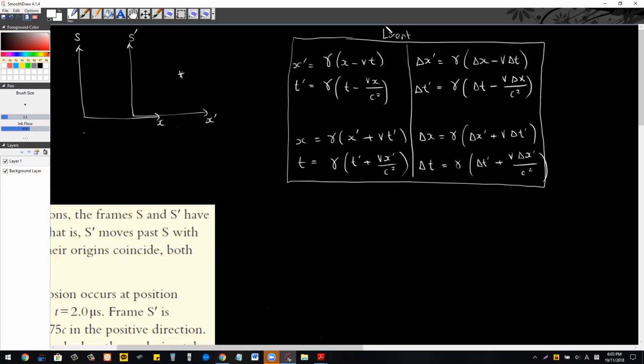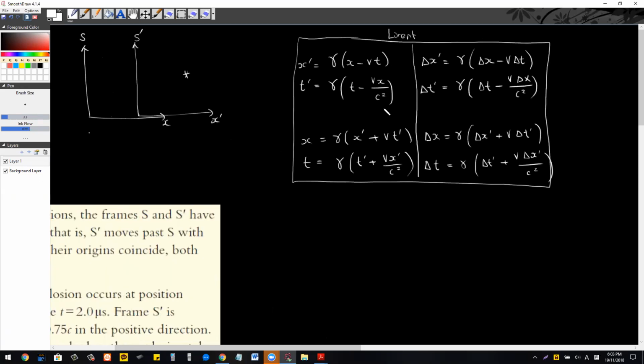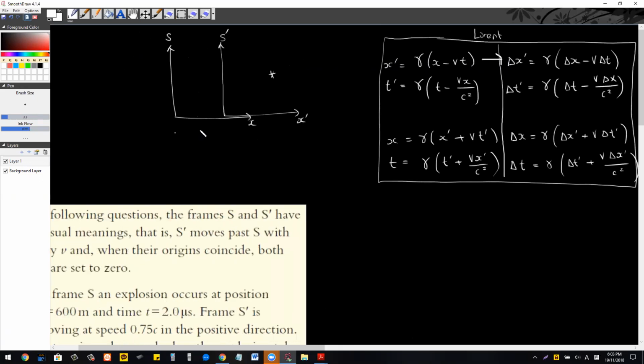All right. So those are the equations. We just need to see that this one translates to this one here. This one is about a specific coordinate in the S dash frame. There are two frames.